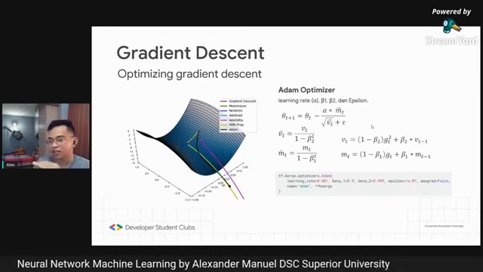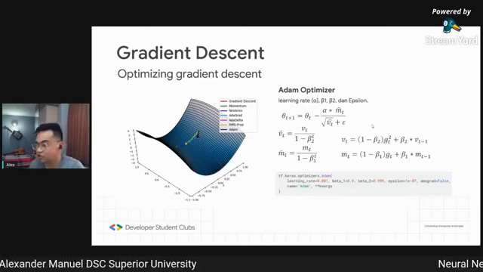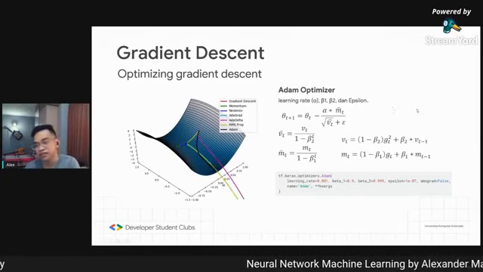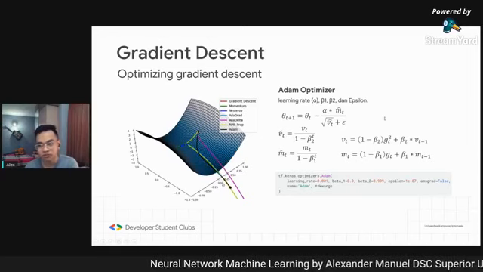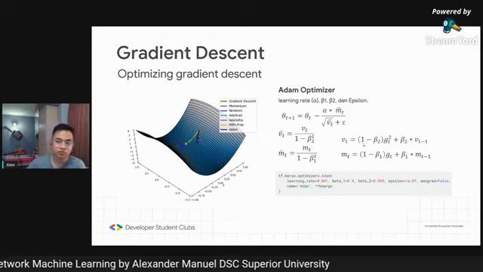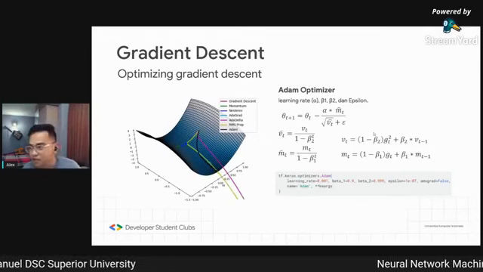In terms of gradient descent, there are actually many rules: there's vanilla gradient descent, momentum, Adagrad, and the list goes on. And what people use the most is an optimizer.